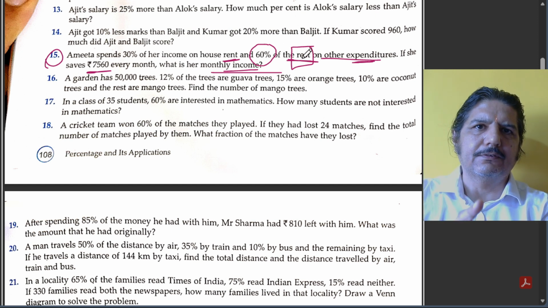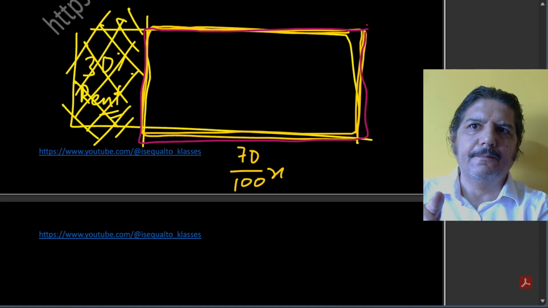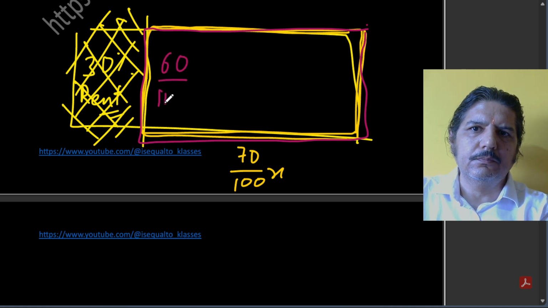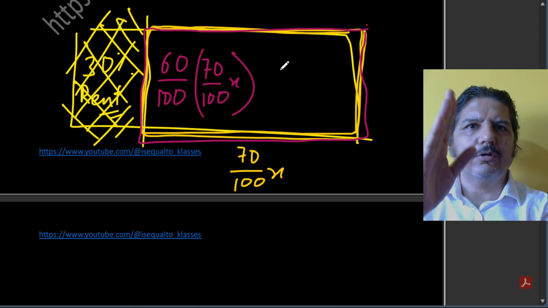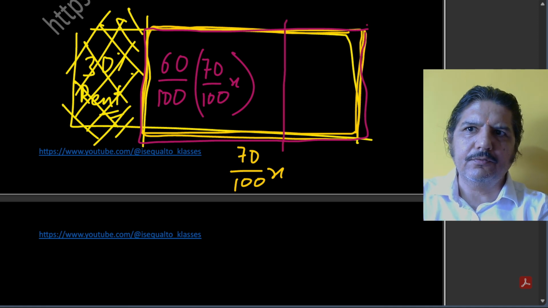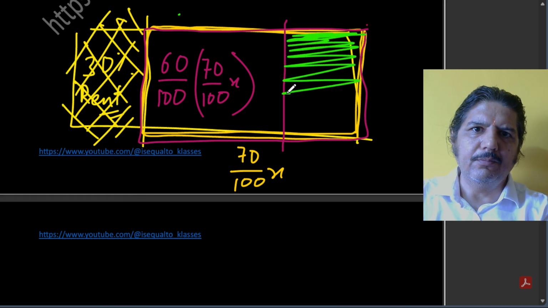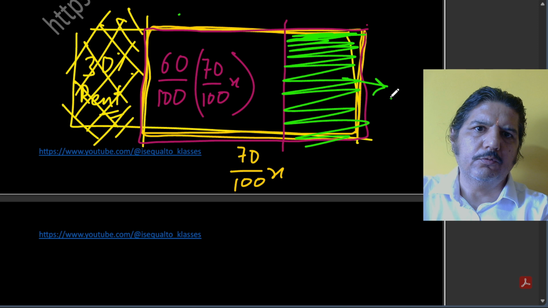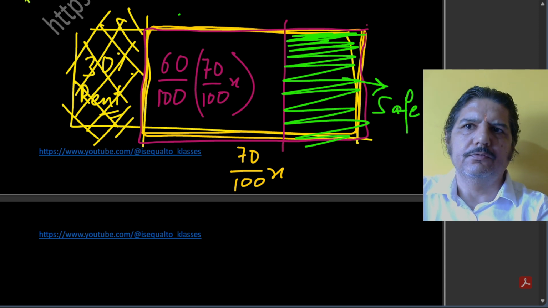Now 60% of the rest, that is 60% of this, will go to expense. So 60% of 70 upon 100x will take care of other expenses. Once this is done, this is the amount that she will finally be able to save.